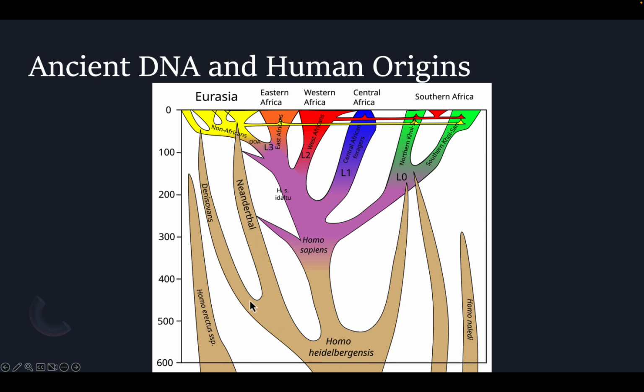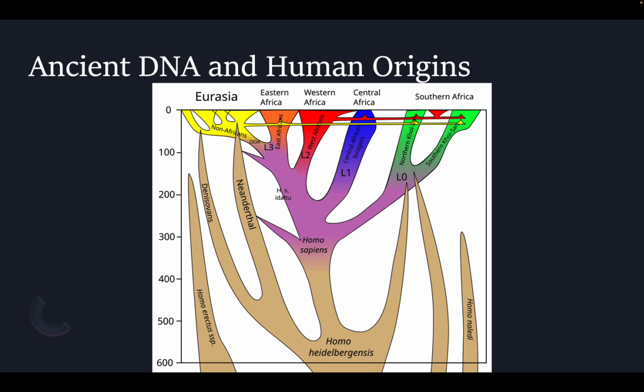And from that, we had the Neanderthals and the Denisovans. The Denisovans and the Neanderthals are not Homo sapiens, they're not the same as us. But what they're trying to show here is that there was some interbreeding. So how do we know that?